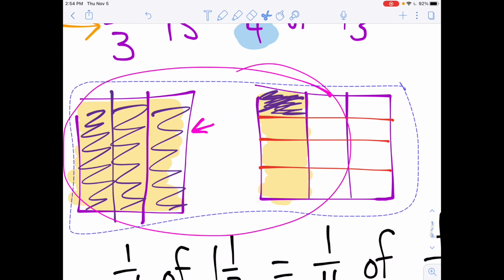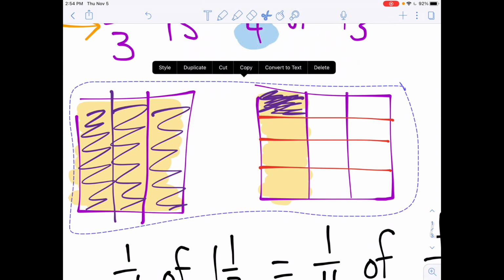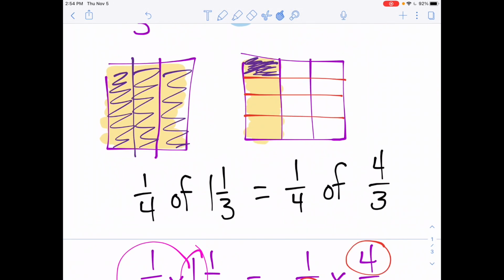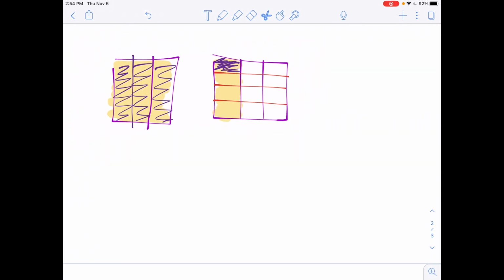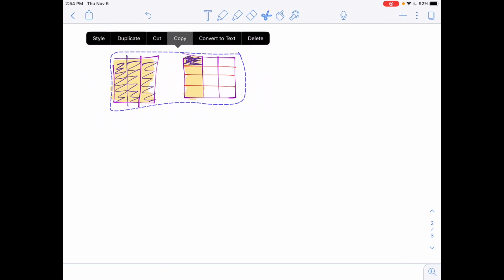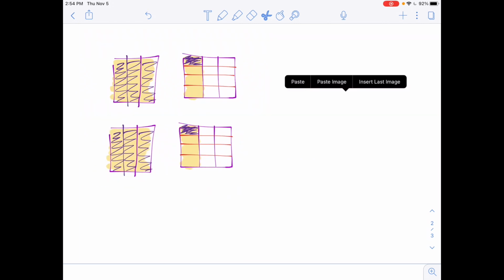Actually, let's undo just something, a little bit. All right, if I took this picture and did this 4 times, I'm going to zoom way down now. I know we're a little bit all over the place. Paste. See if I can zoom it down just a little so we can get it together. Copy. Paste. Paste.